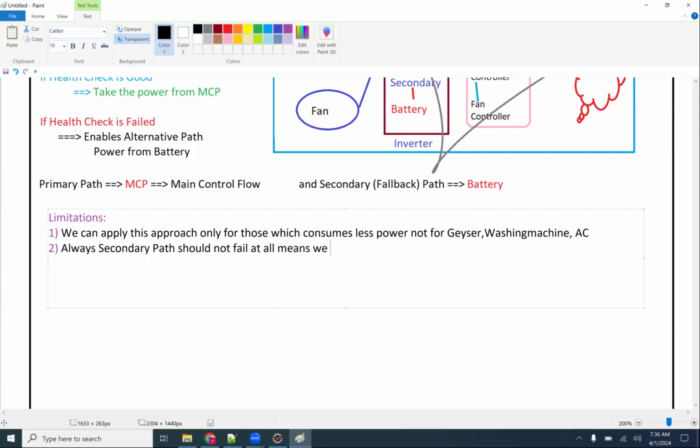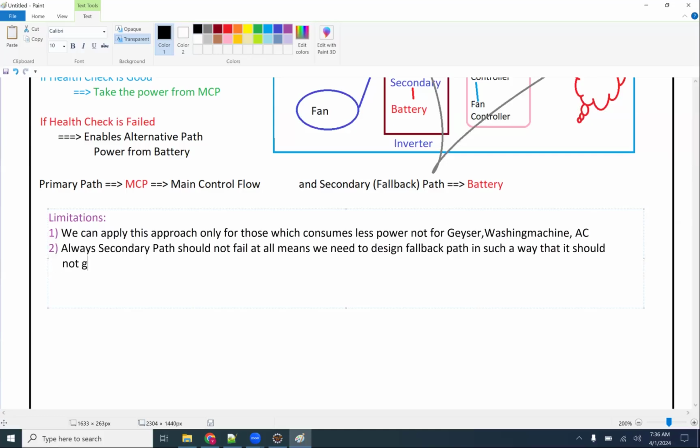Means we need to design a fallback path or secondary path. We need to design a fallback path in such a way that it should always work, and it should not fail again.